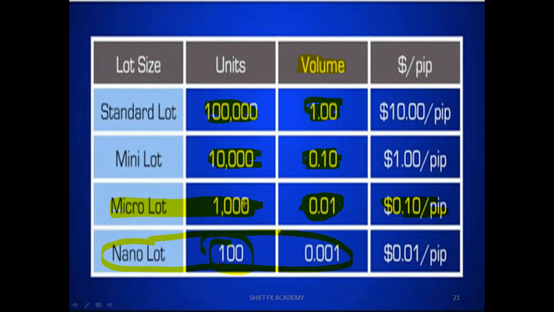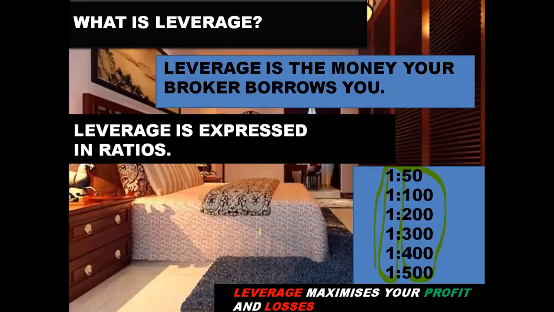So the least you can invest in Forex without leverage is $1,000. But through the help of the brokers, like I said before, you can't trade the market without the broker. The brokers are the ones that give you access to the market. So in this case, the one represents your invested amount.